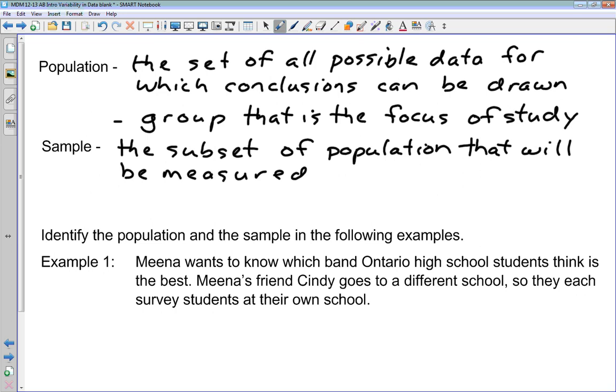So if the population is the group that is the focus of study, the sample is the subgroup, to get across the idea that it's a subset of the population. It's the subgroup that is actually studied.